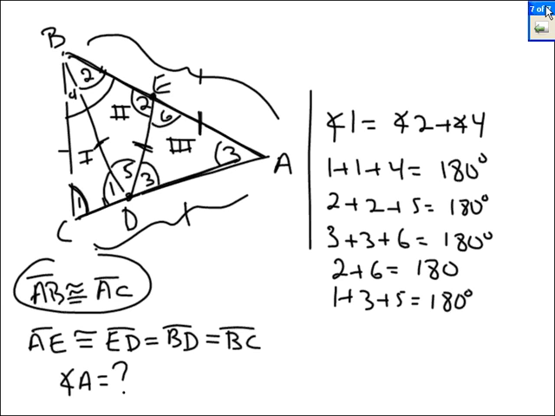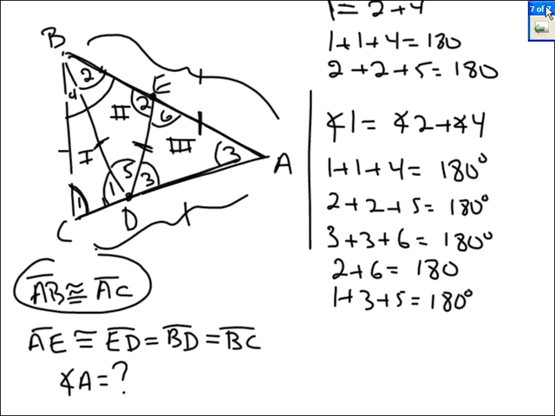So I'm going to write everything I just did a little bit higher. Angle 1 is equal to 2 plus 4. 1 plus 1 plus 4 is 180. 2 plus 2 plus 5 is 180.